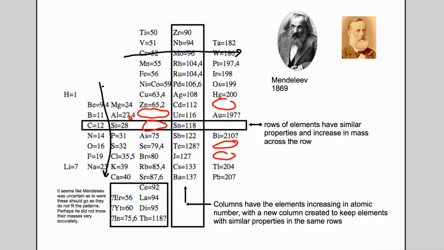This gentleman here is a scientist by the name of Mayer, and he apparently came up with a similar table in the 1860s also. Mendeleev, however, gets most of the credit in the history books for discovering or creating the first periodic table.